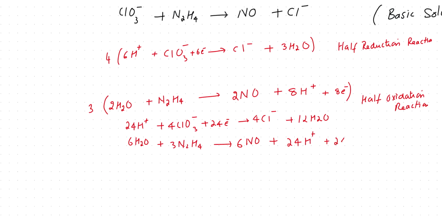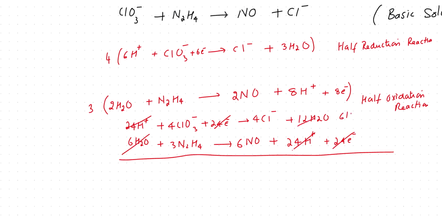Now we add the two equations and cancel the common ions on the left and right side. So 24 electrons cancel. 24H+ cancels. 6 water cancel with 6 water, and 6 water remain here. Now we write all the reactants.